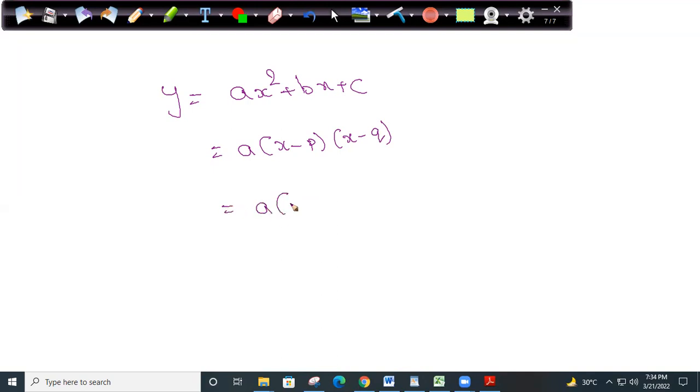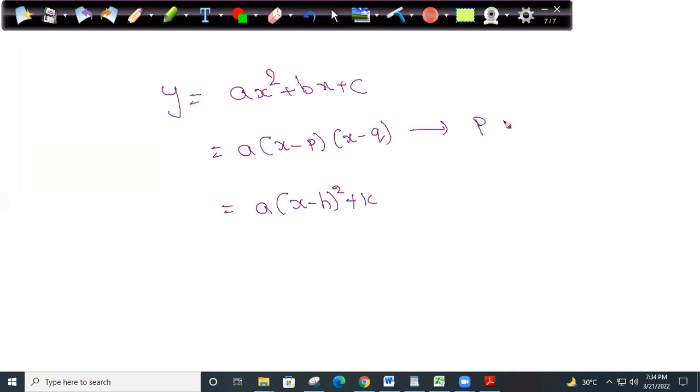We have three forms to represent a parabola. One is called standard form, which is y is equal to ax square plus bx plus c. I can also write this as a into x minus p into x minus q. I can also write this as a into x minus h whole square plus k.